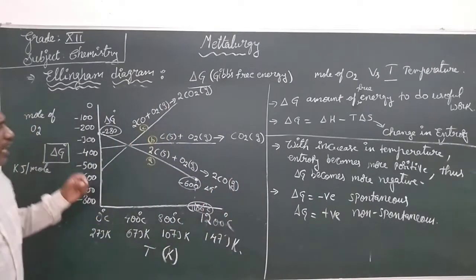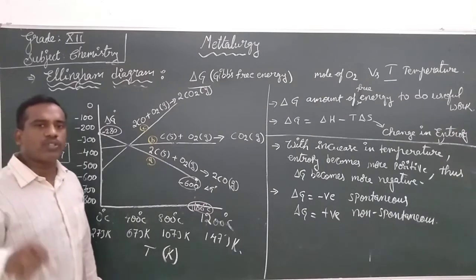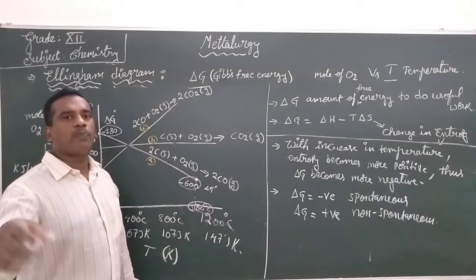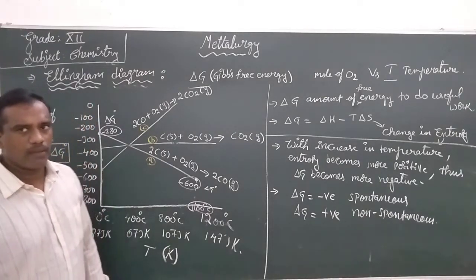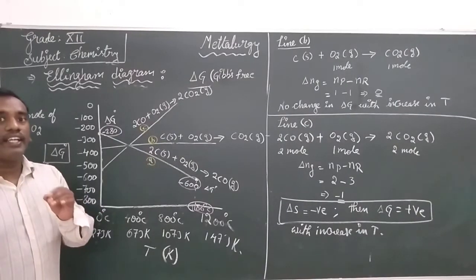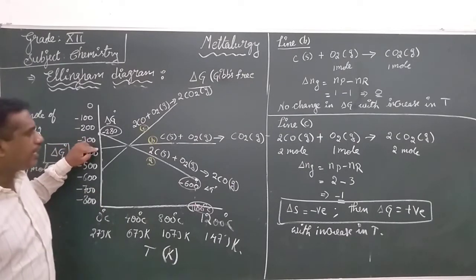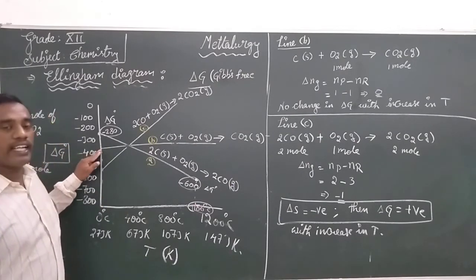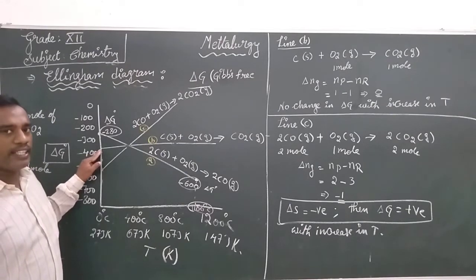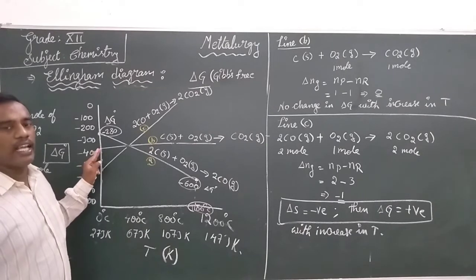Let us study the remaining 2 curves B and C, and you will observe now which is the more spontaneous reaction. Let us study the line B. In the line B, here it started. Its delta G is a negative value, approximately minus 380.